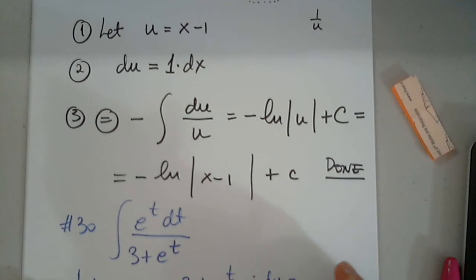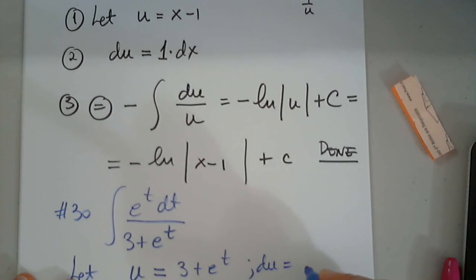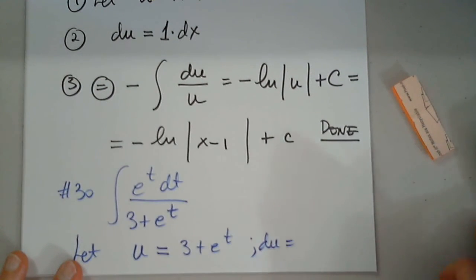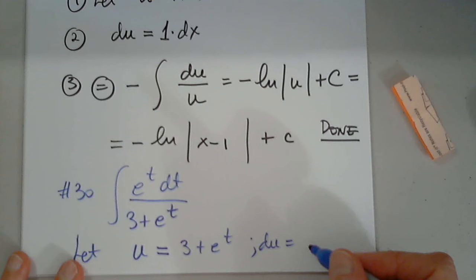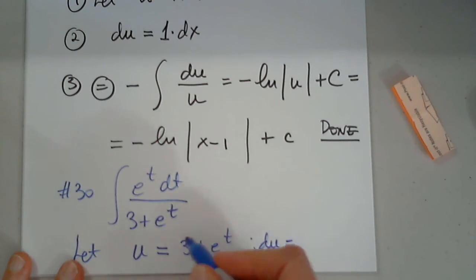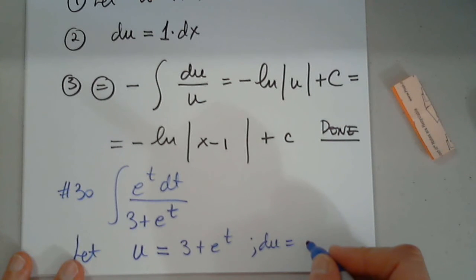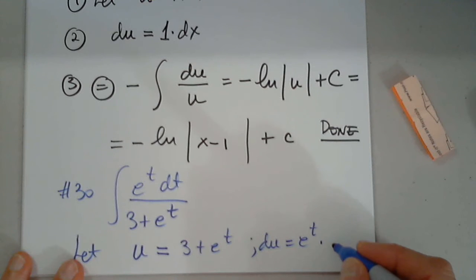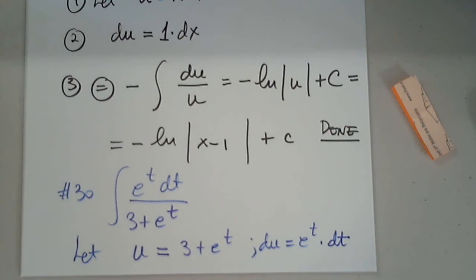Now what is du? What is the derivative? e to the t. Very good. Times dt. That's it. Piece of cake.